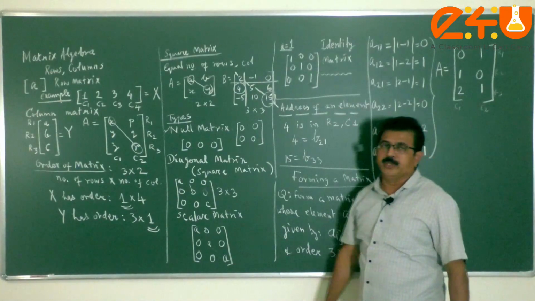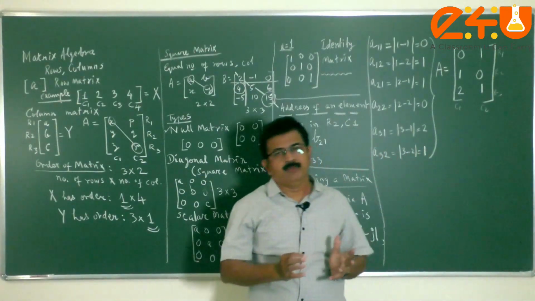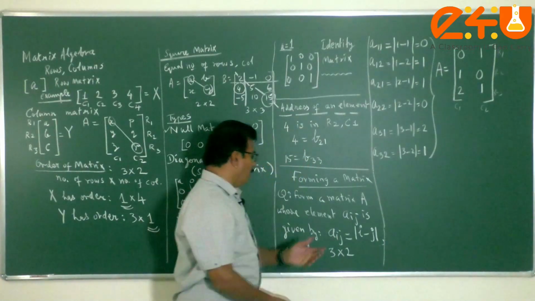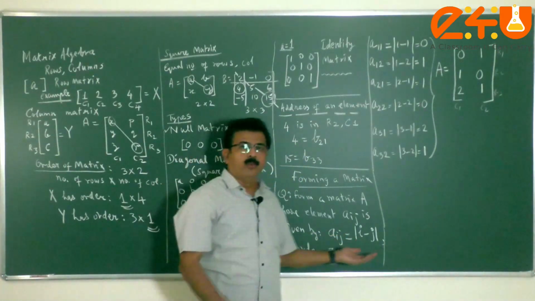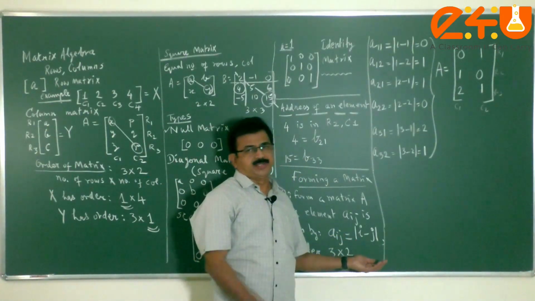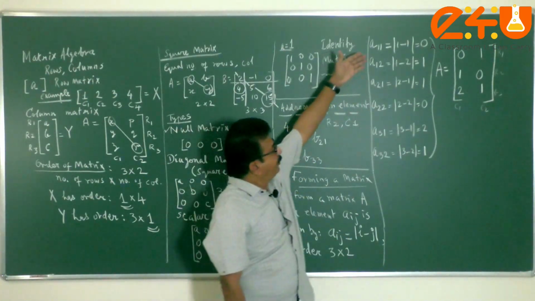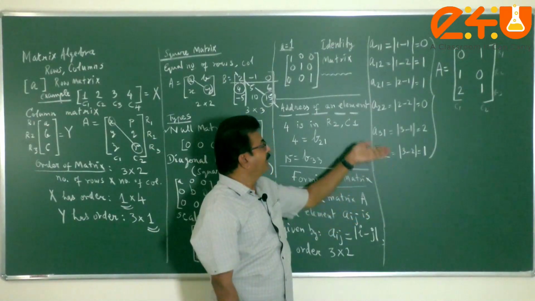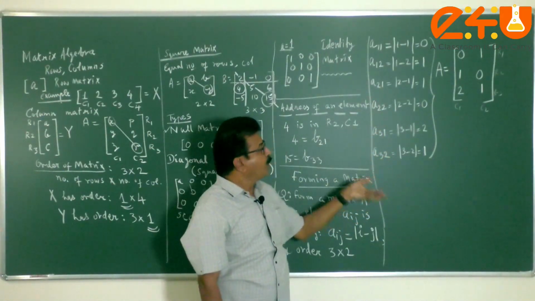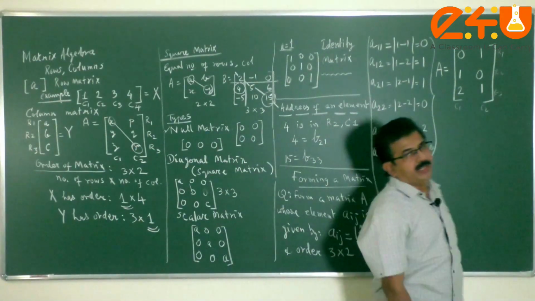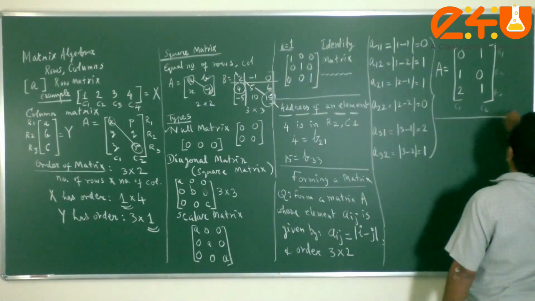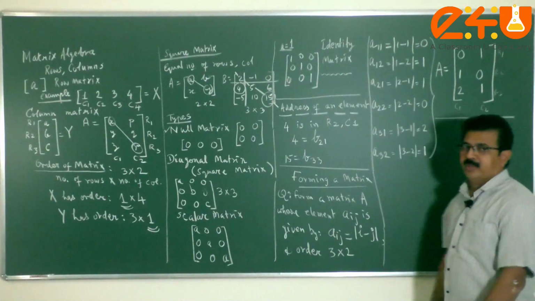So this is how you can form a matrix, given the rule or the discipline you have to follow while framing the matrix. So make sure you evaluate the relevant elements and put them in place in the relevant matrix. So this is one simple example.